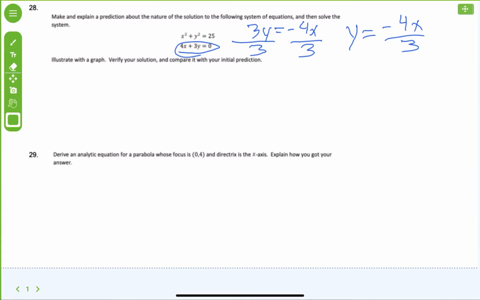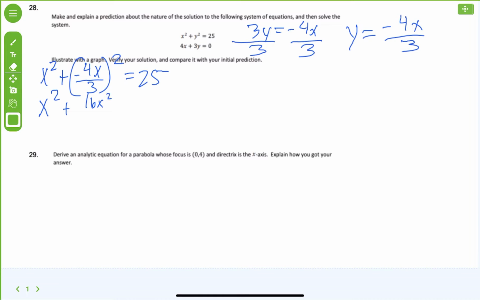So now that we know y, we can plug that in for our equation of the circle. Let's do that over here. x squared plus negative 4x over 3 squared is equal to 25. All right, so that's going to be x squared plus 16x squared over 9.